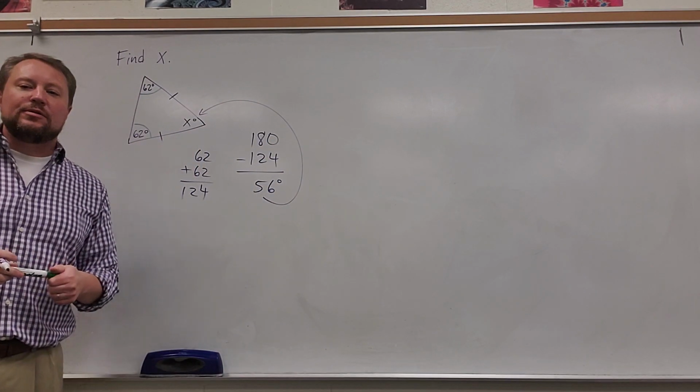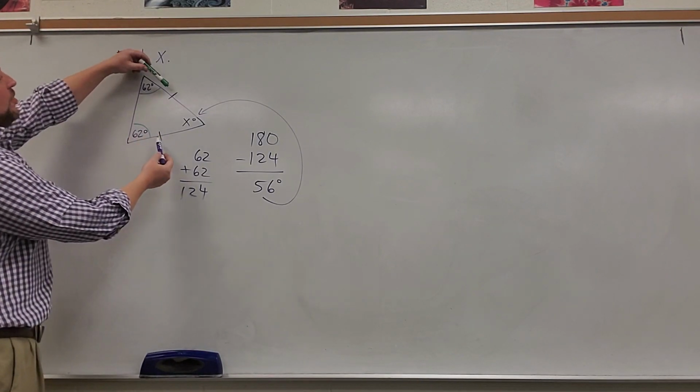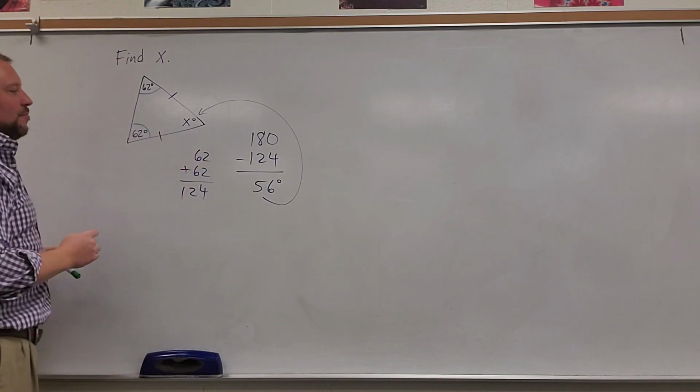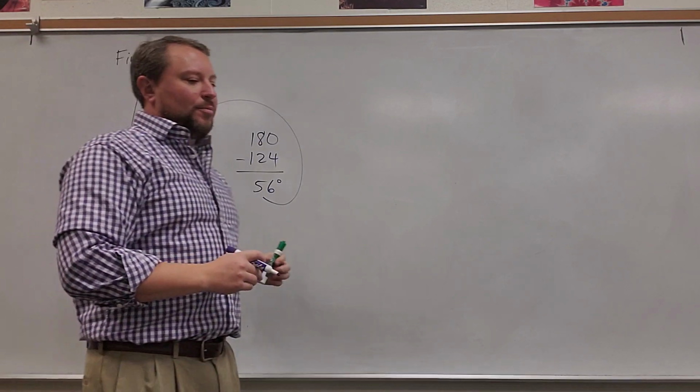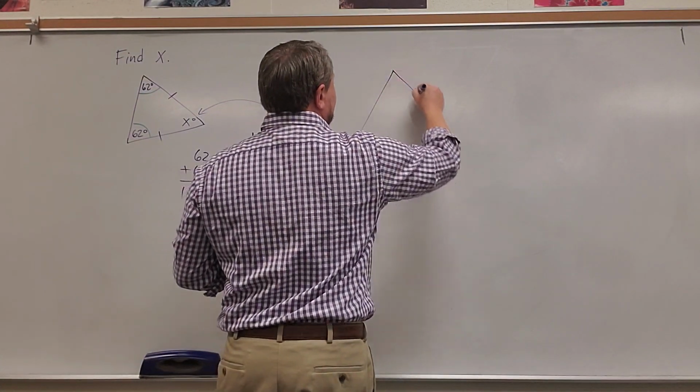So x on this one is 56. So be careful. If those are your matching legs, these would be the base angles, not these. So problems like these can be tricky. Here, I'll show you another one.